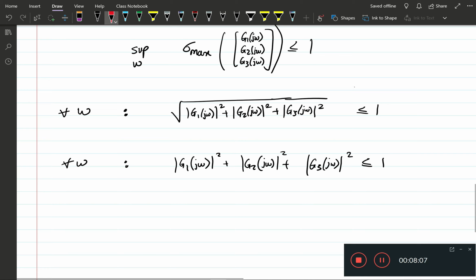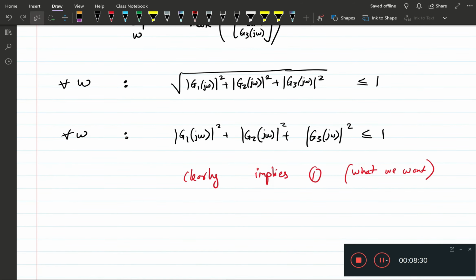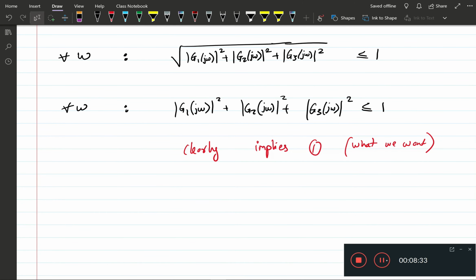Now note that this clearly implies 1, which is what we want. So what we are imposing is clearly making sure we get what we want, but probably it's imposing more than what we want, and this is really the exercise. We want to find how much more conservative our imposed condition is than what we want.